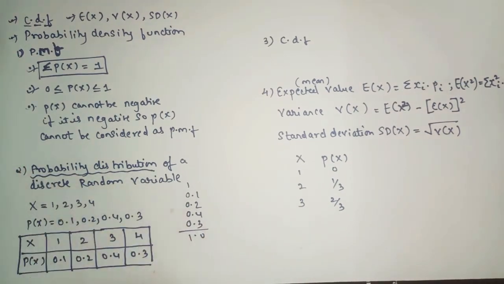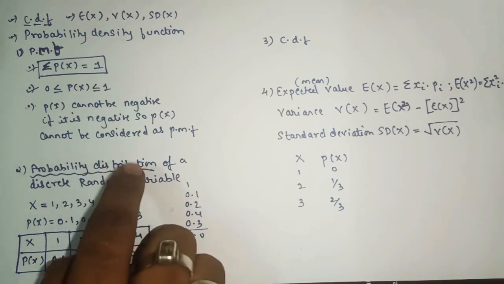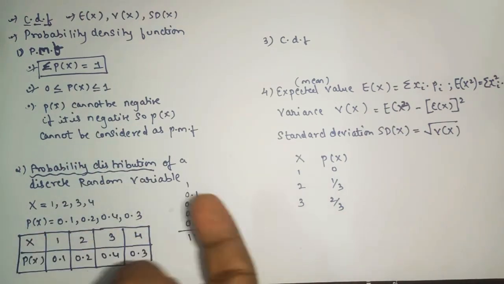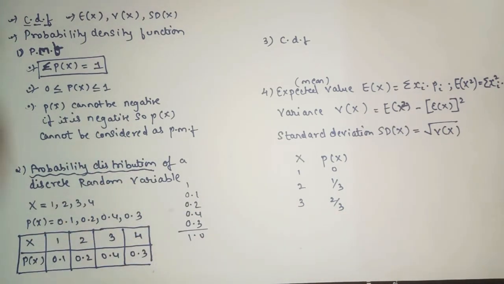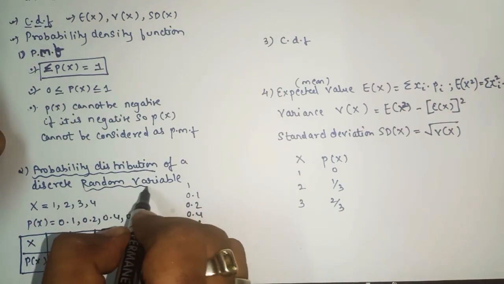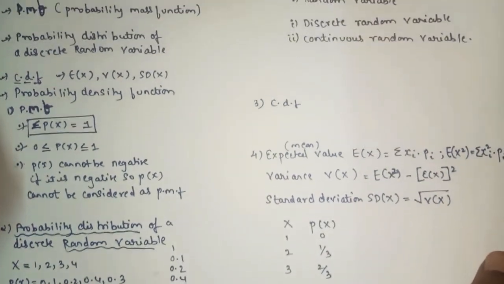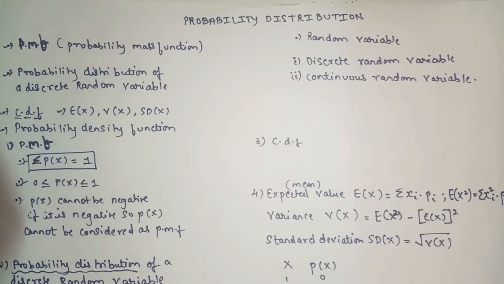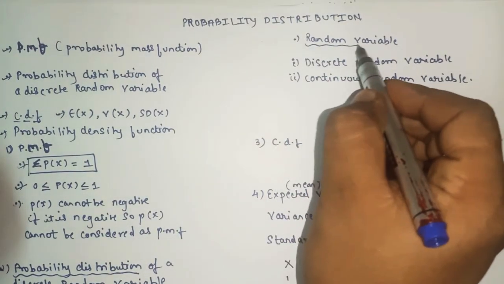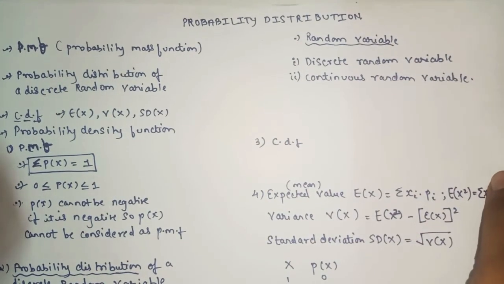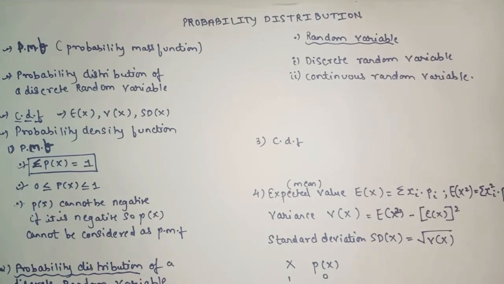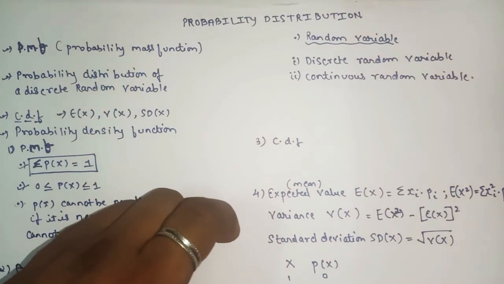Now we'll move on to the second one, probability distribution of a discrete random variable. Here, what do you mean by random variable? Suppose we toss two coins, then what will be the sample space?